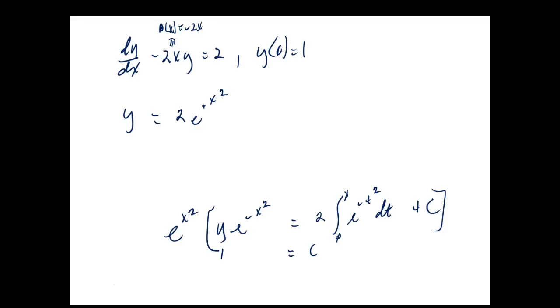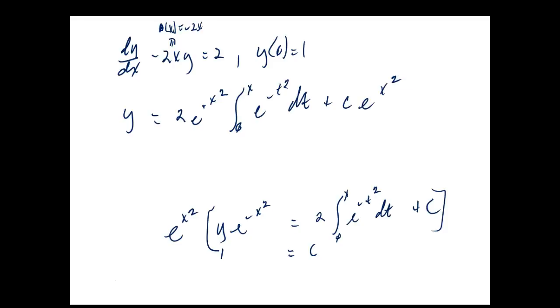Let's leave it like this for right now. And we'll leave this here: integral from 0 to x of e to the minus t squared dt, plus c e to the x squared, because we multiplied everything on both sides by that.